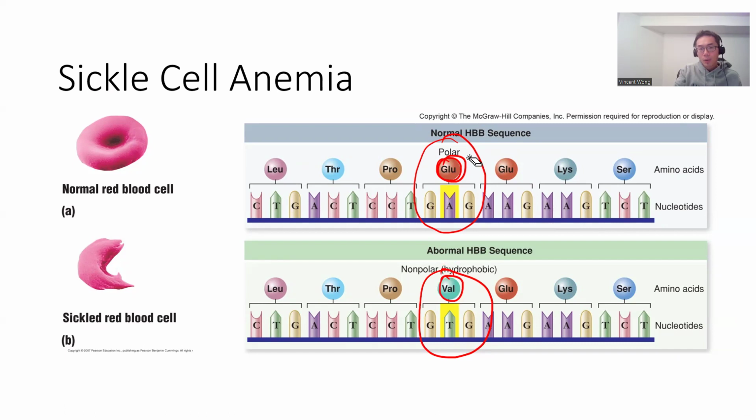And it turns out the original is polar, but then the mutant is non-polar. So that single change in a long sequence of amino acids causes the hemoglobin to misfold, and then it causes the cell to be different.